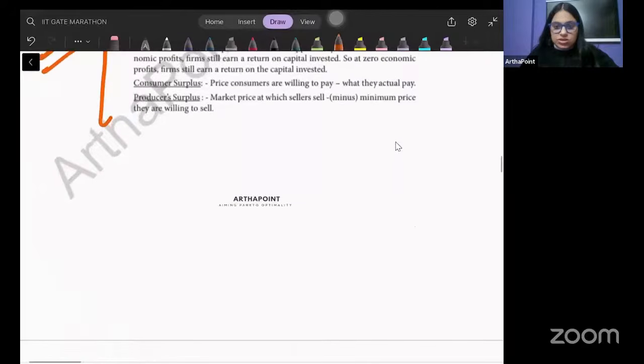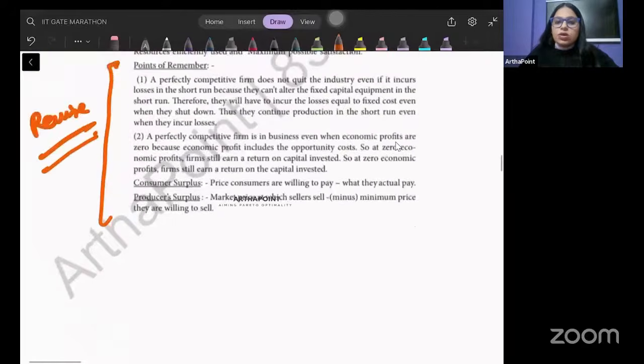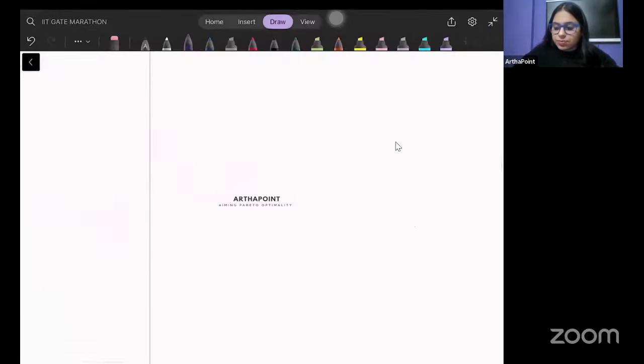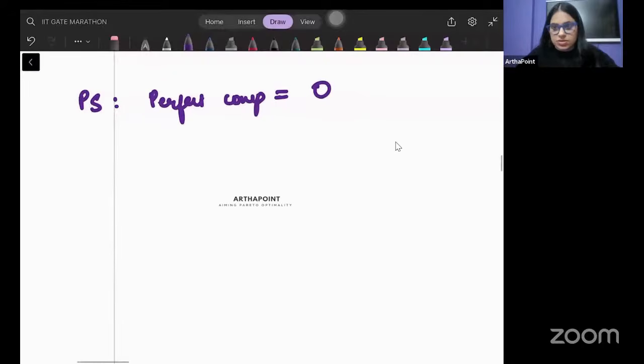Okay, one more thing is there in this. If I talk about producer surplus in perfect competition, then this is 0. There is no producer surplus. Look carefully. Producer surplus can be told as the difference between the price a producer gets and his cost. So below cost I cannot sell.